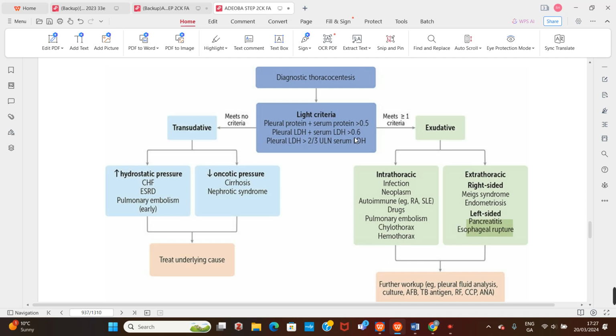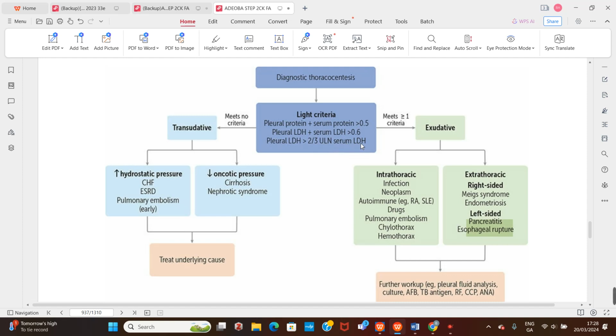It's only fluid that's going to move. If the pleural LDH over the serum LDH is more than 0.6, or the pleural LDH is more than 2/3 of the serum LDH, it is also in keeping.